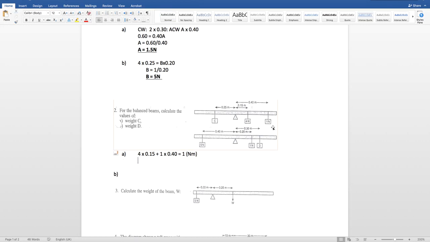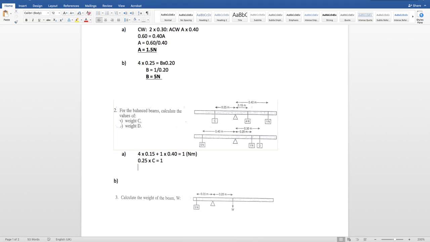So, anticlockwise, we have C times 0.25. And that equals 1. So C equals 1 over 0.25, well, that's 4. 1 over a quarter is a quarter upside down, which is 4.